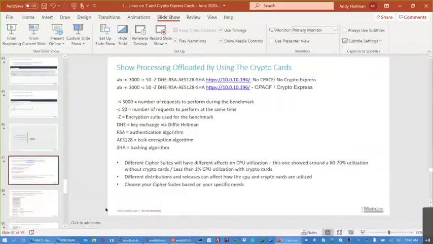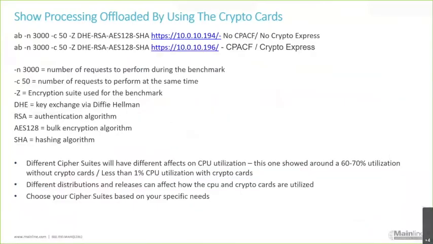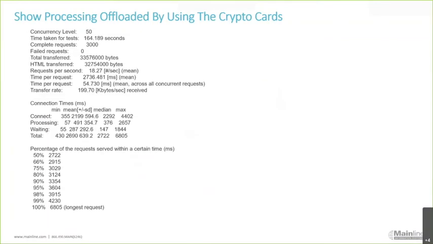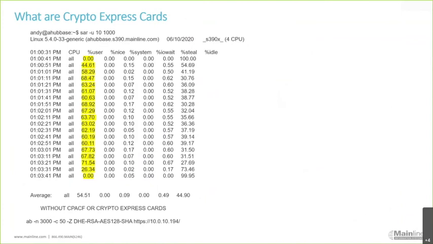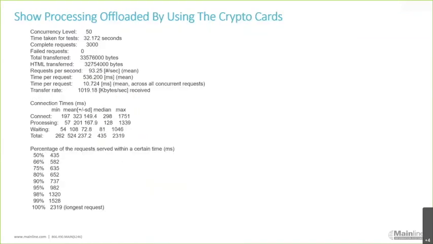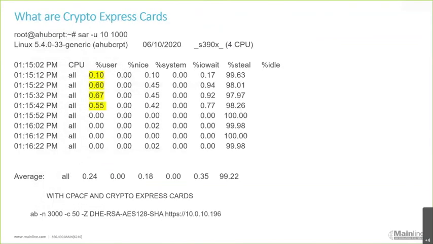I'll go through here and show you what you saw in the demonstration, but give you a clearer view. With a system that did not have Crypto Express cards available to it, it was running fairly high utilization. For a system that I had access to those cards, a dramatic difference.